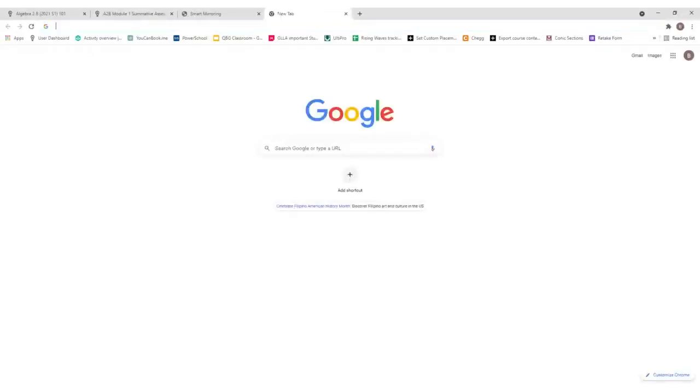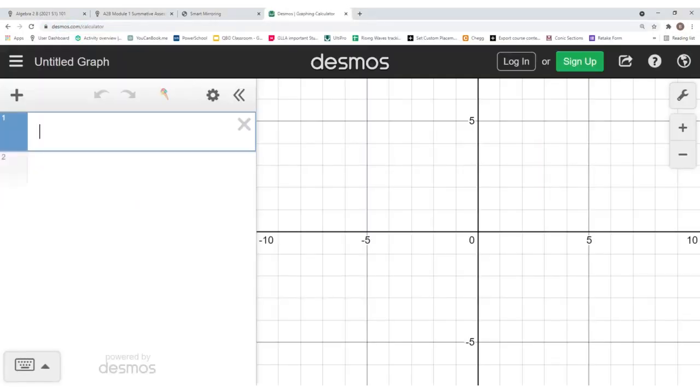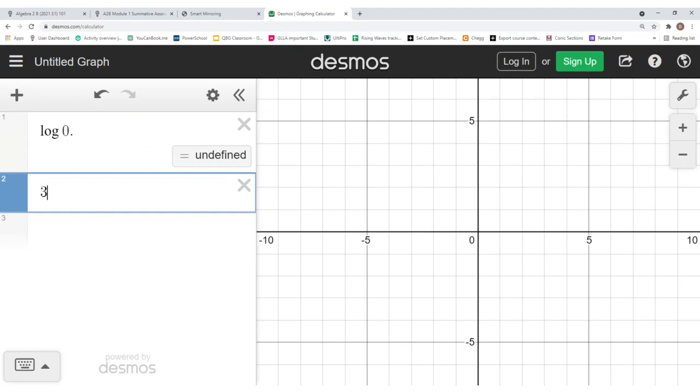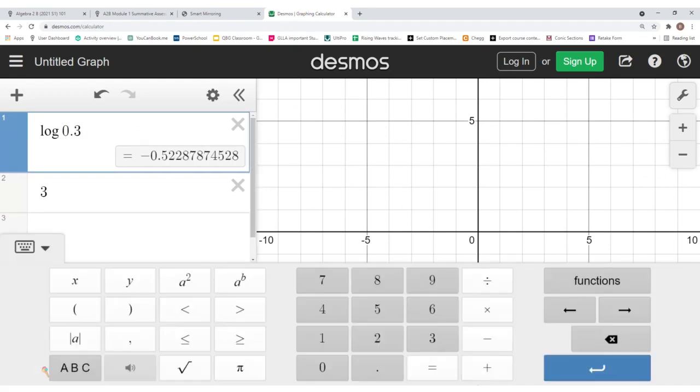So if we did Desmos, and then just type this in. So this is my favorite thing. So we're going to do log. You can just type the word log on your keyboard, 0.3. If you don't have that and you want to use the keypad the whole time, switch this to that, you can.